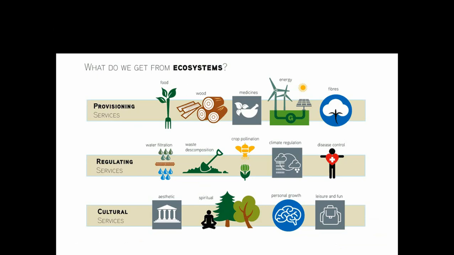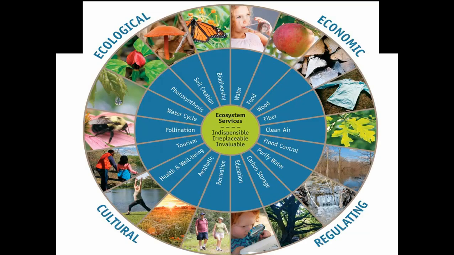Due to this type of degradation, we are missing different types of ecosystem services, like provisioning services, regulating services, and also cultural services. And you know very well that it causes many different consequences to different aspects of economy, regulation, ecology, and also culture.